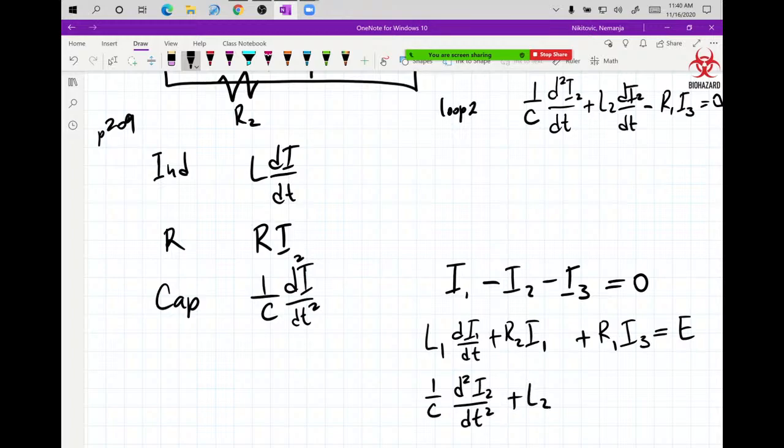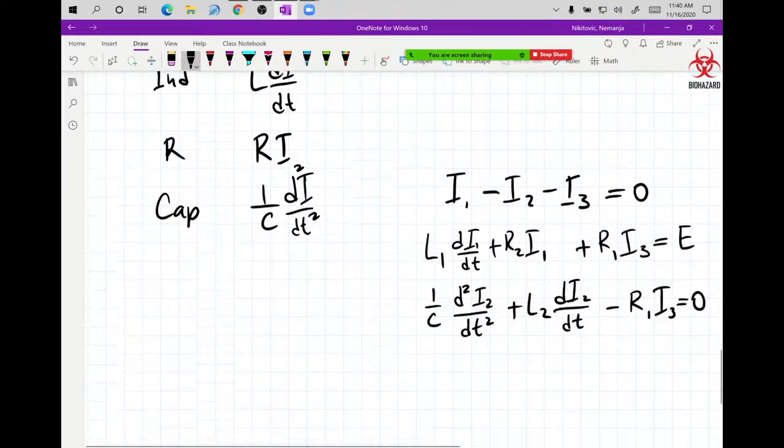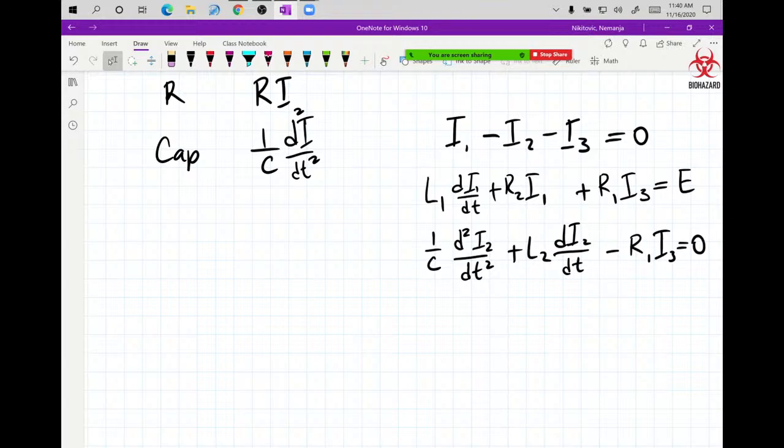That was lucky. di2/dt minus R1 I3 equals 0. Converting this into a system of equations is much harder. But we can still do it.